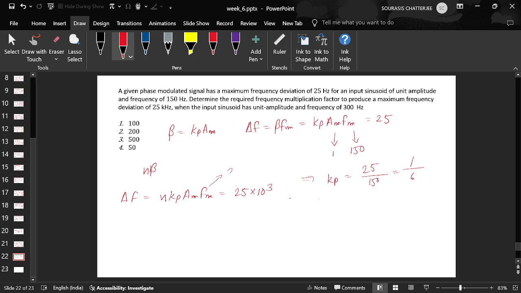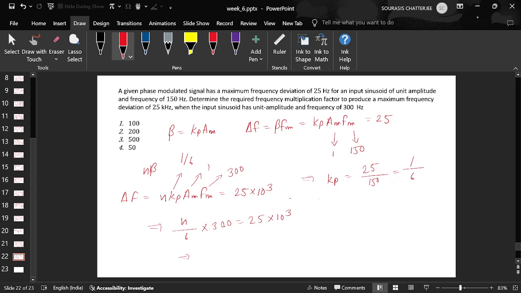Now fm is given as only 300 hertz and am has unit amplitude. This kp value we already obtained as 1 over 6. So the equation now stands at n times 1 over 6 into 300 is equal to 25 into 10 to the power 3.